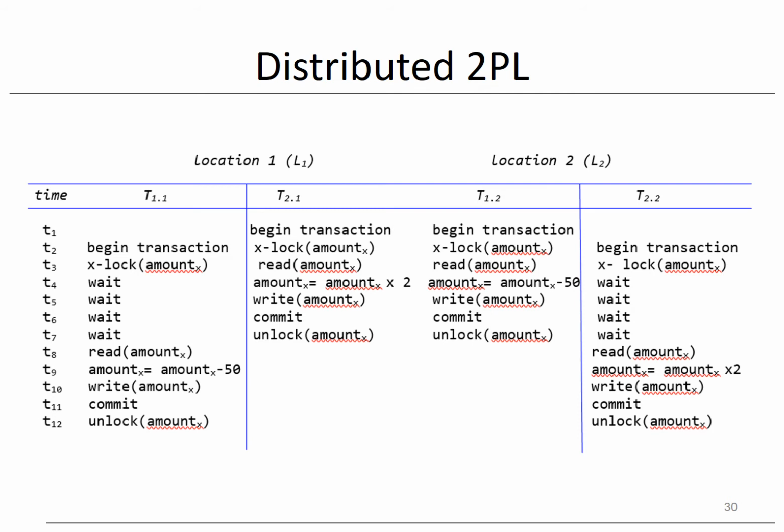The global schedule, as shown in the example, results in inconsistent data. If the initial value of X is, say, 100, then the final value of X in L1 is 150, whereas it is 100 in L2. Still, the local schedules by themselves are serializable. The problem is that both schedules serialize T1 and T2 in a different order.